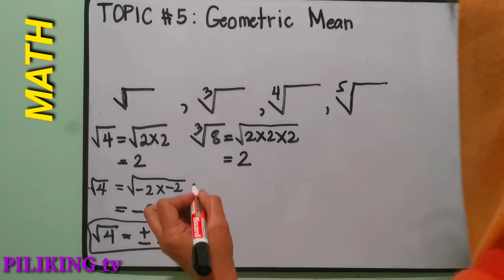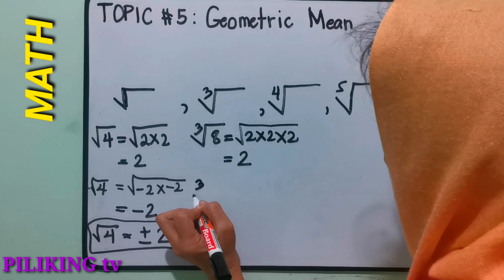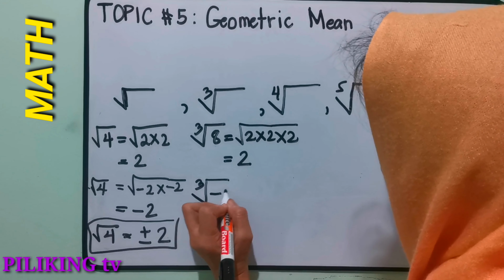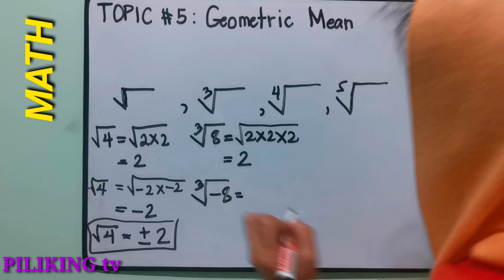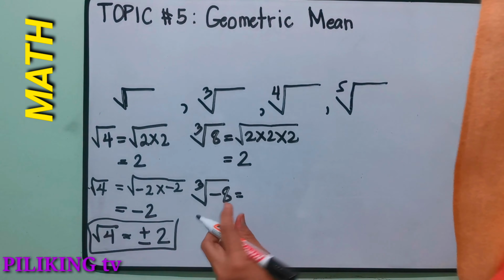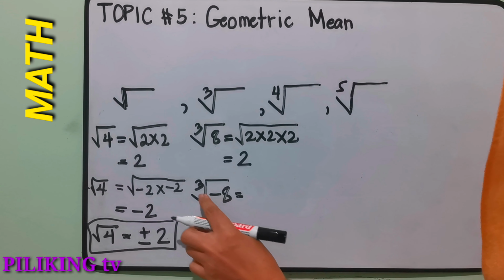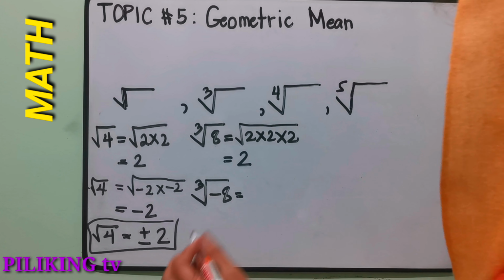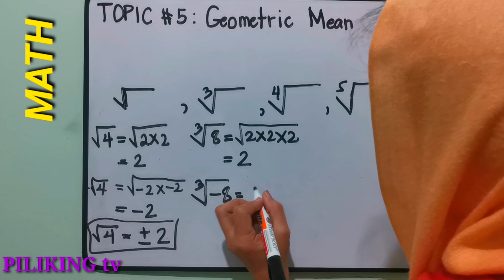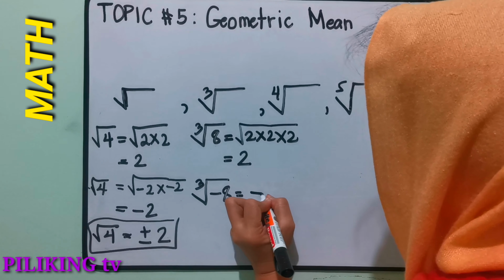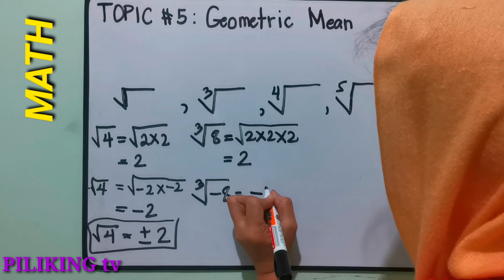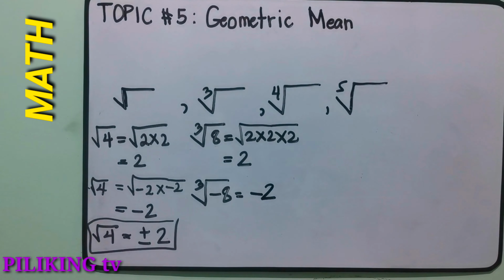Another one: what if we have the cube root of negative 8? If the radicand is negative while the index is an odd number, the root is also negative. Therefore, the cube root of negative 8 is negative 2.